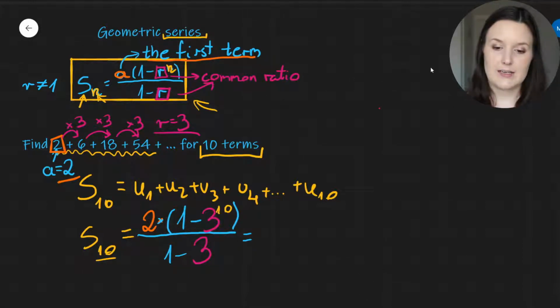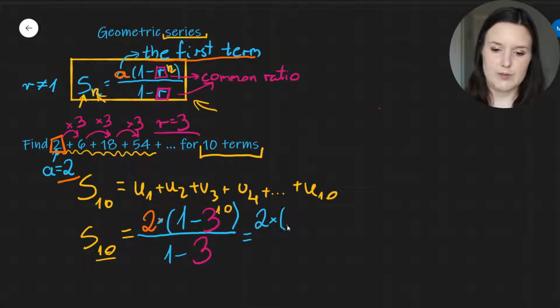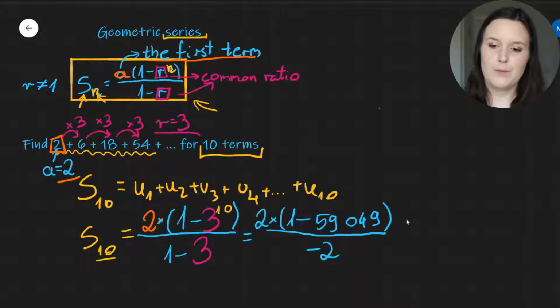So let's use a calculator. I have to do 3 to the power of 10, which is 59,049. So basically I have 2 times 1 minus 59,049 over 1 minus 3, which is minus 2.